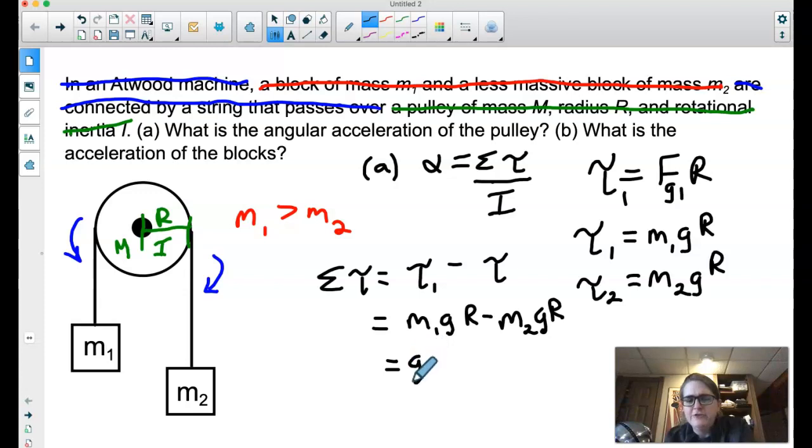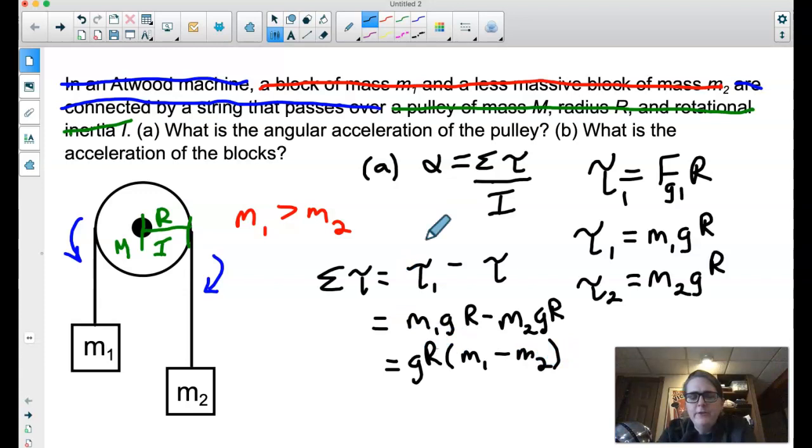And if I want, I can make this look a little bit simpler. I can pull out that g times R, where g is the strength of the gravitational field, so 10 meters per second squared, or 10 newtons per kilogram. And I'll do M1 minus M2 in parentheses.